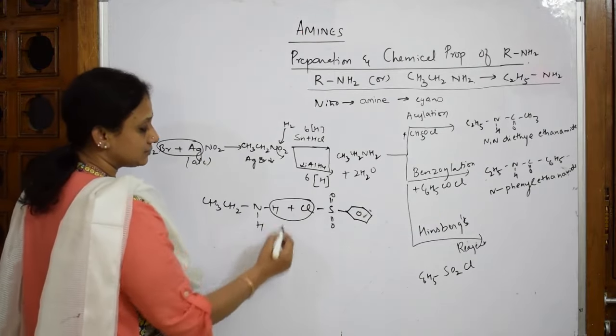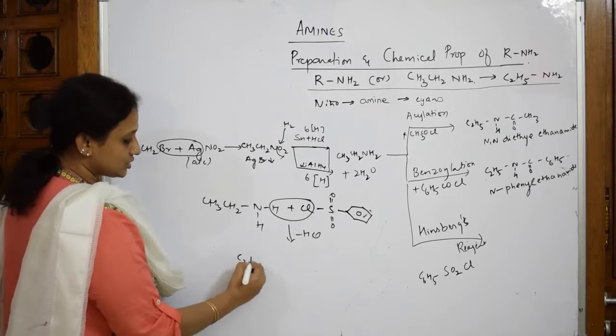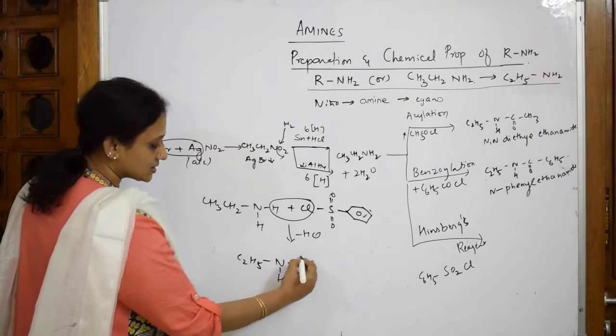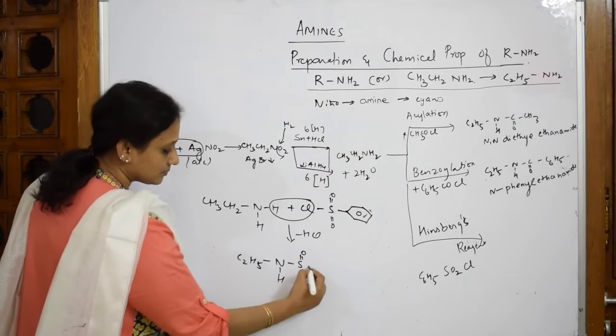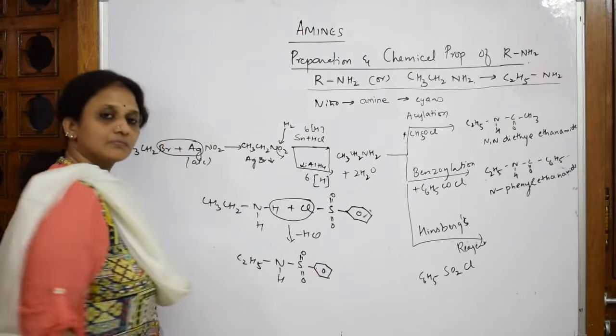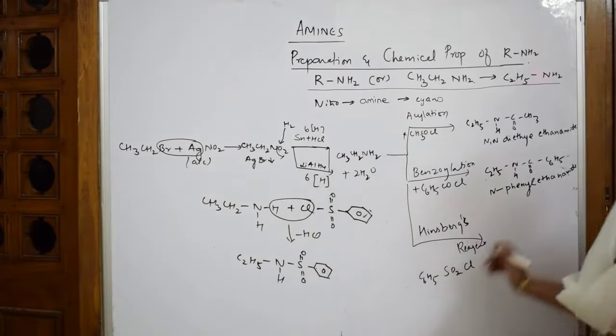Eliminate HCl and form the product. What product do you get? C2H5 NH S. Simple. Let us write that product.